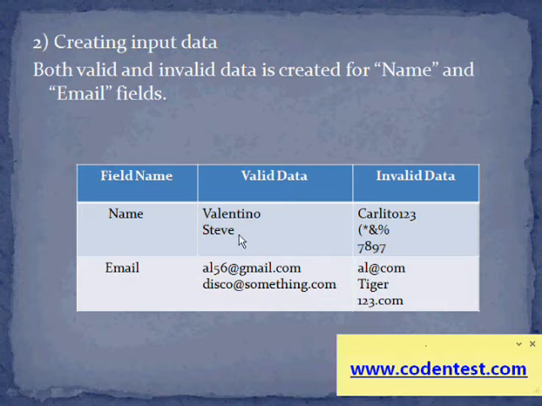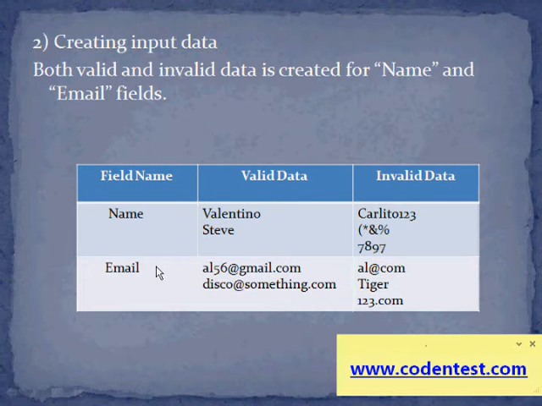Valentino is one valid value and Steve is one valid value for name. And invalid values are Carlito123 or this string with special characters and this number 7897. So these are just a few of the examples of invalid data for our field name.